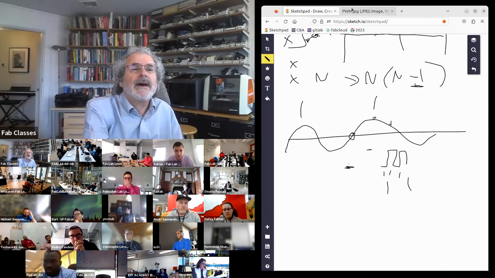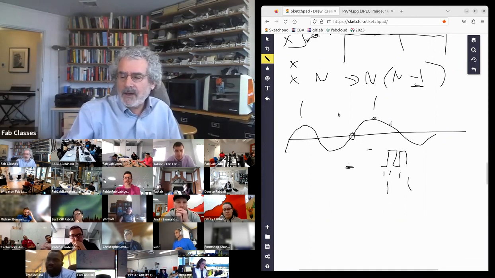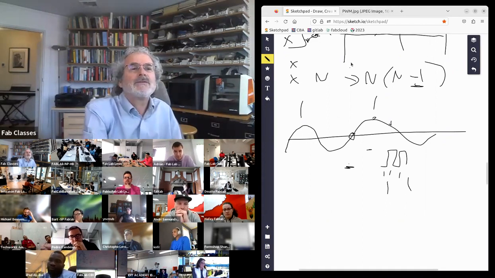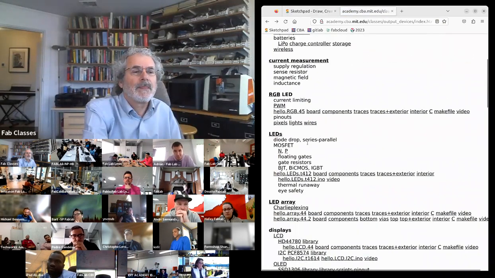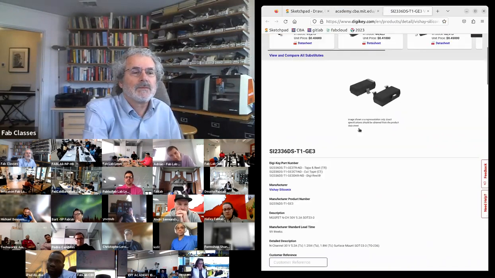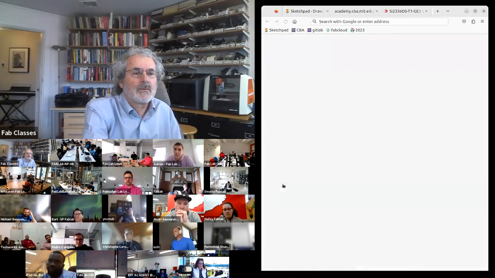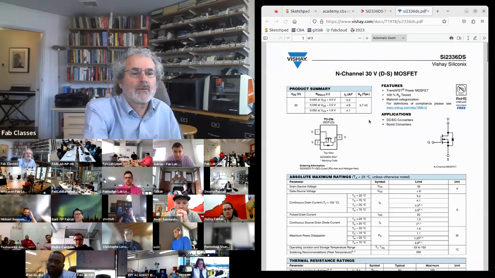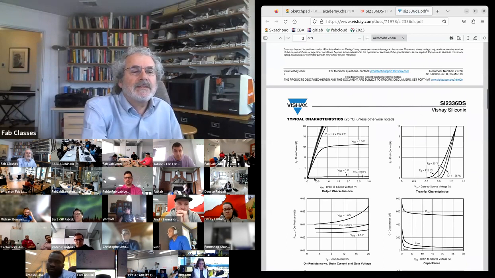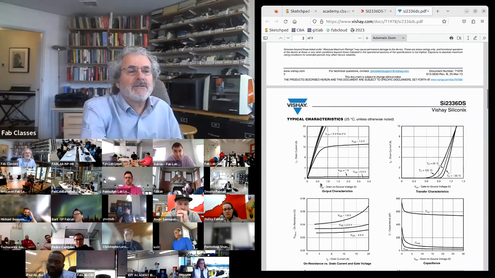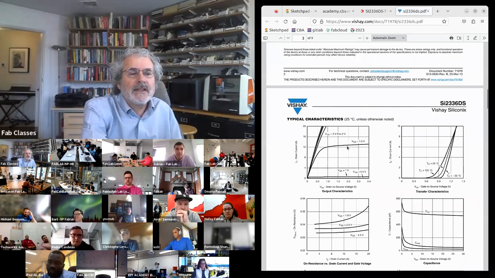And the reason we do that is if we go back to our transistor, there's a key curve. So this curve is the voltage versus the current. And the different lines here are the gate voltage.